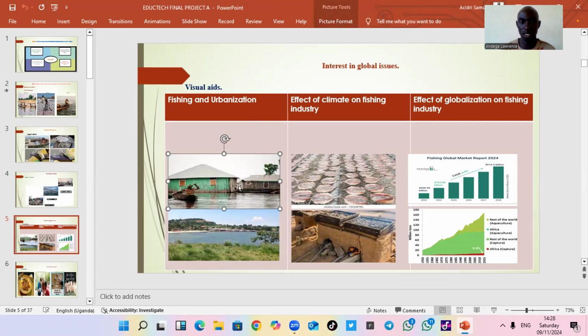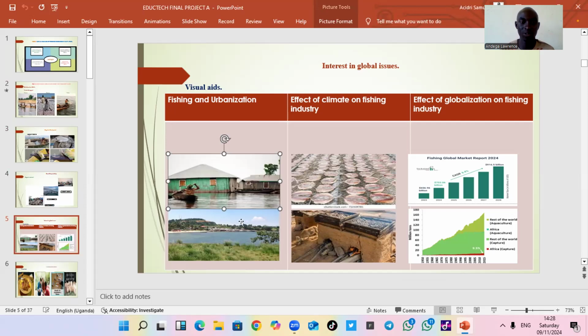urbanization taking place. We can see from this one here, there are some structures that have been put near the water body. Even we can look at the second picture, that there is some urbanization taking place in the background of the photo.